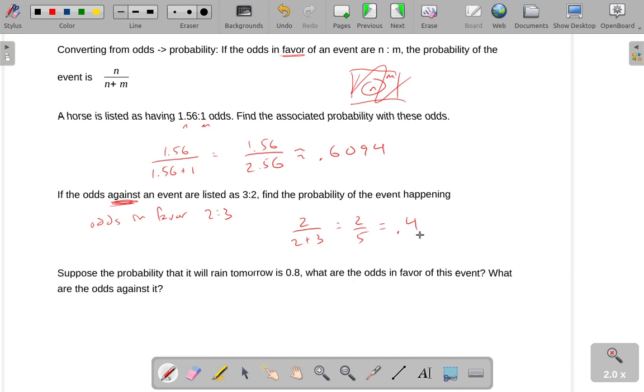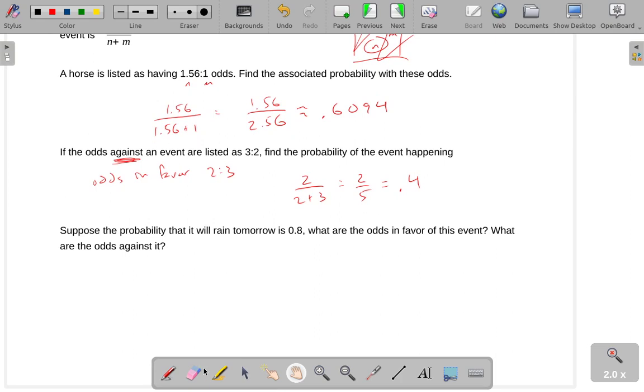Suppose the probability that it will rain tomorrow is 0.8. What are the odds in favor of this event? Well, we already saw up above the odds of E are found by the probability of E divided by the probability of E complement. The probability, we said, is 0.8. The probability of it not raining is 0.2.